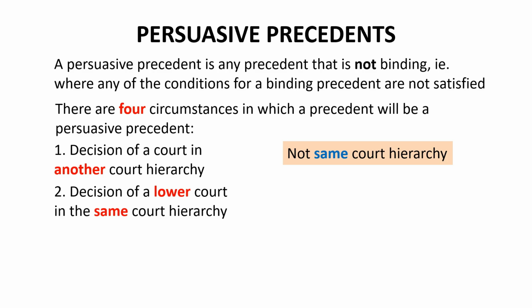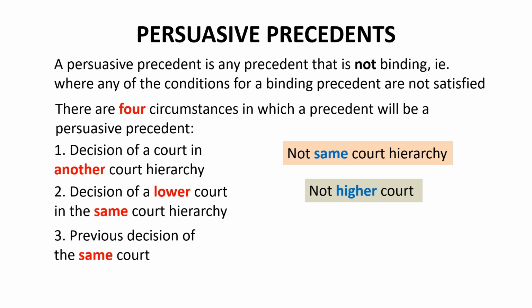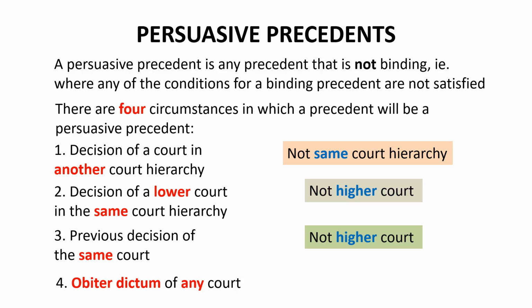This is not a binding precedent because the precedent is not made by a higher court in the court hierarchy. Third, the precedent is a previous decision of the same court. This is also not a binding precedent because the precedent is not made by a higher court in the court hierarchy. And fourth, the precedent is obiter dictum of any court.